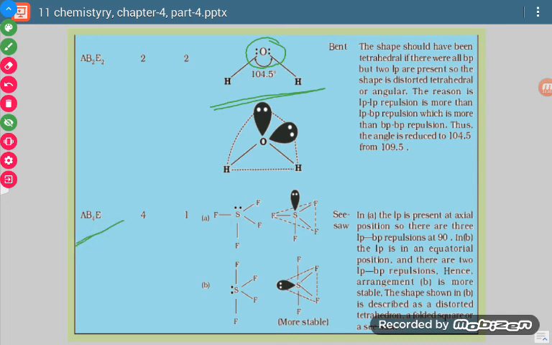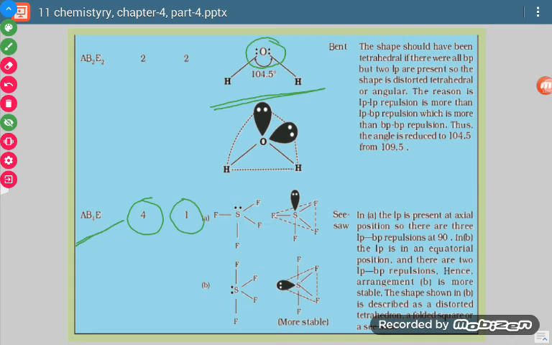Now AB4E. In this, there are 4 bond pairs and 1 lone pair. We have taken one example only and we will discuss it like this.